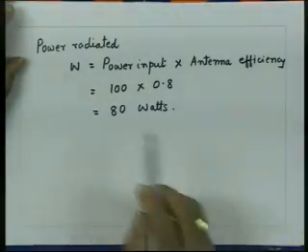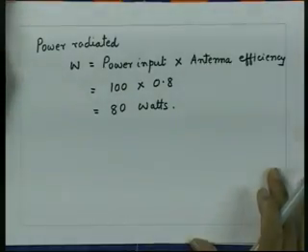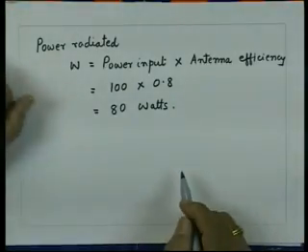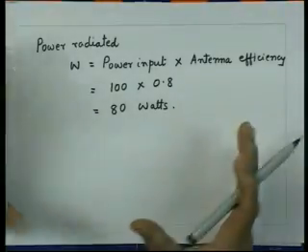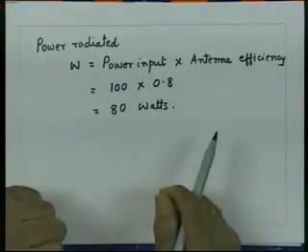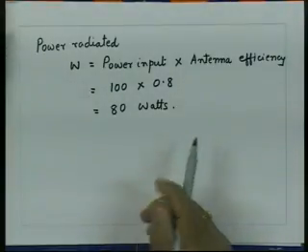Now, if this power is given to the isotropic antenna, then it will create a uniform distribution of the power. If I distribute this power uniformly over 4 pi solid angle, then the power per unit solid angle is the radiation intensity.